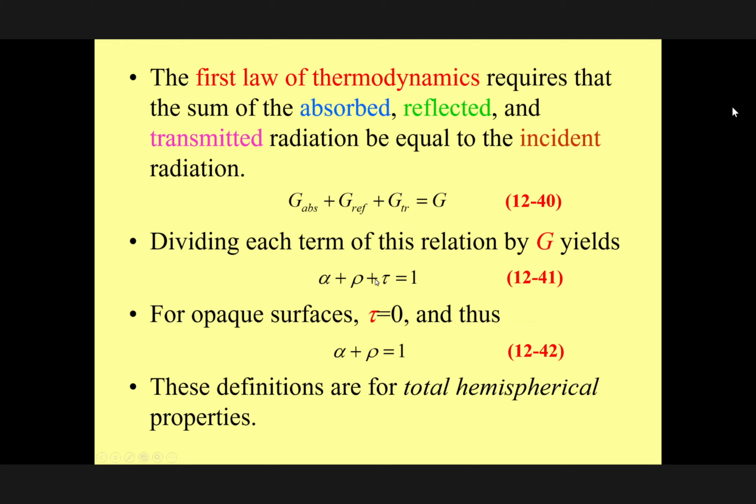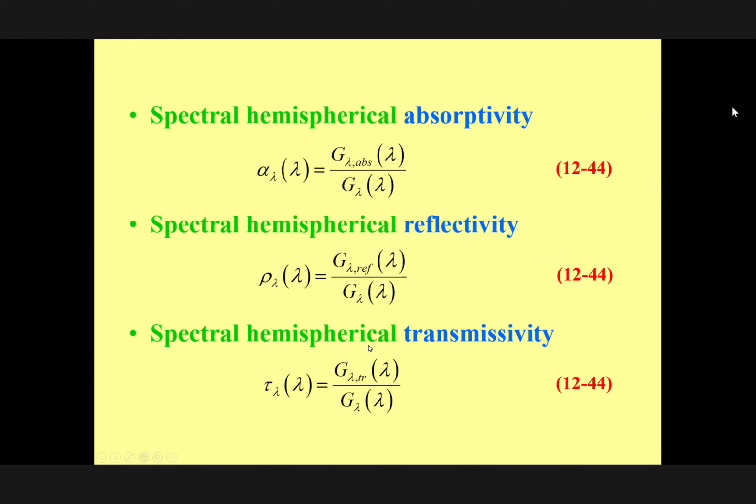Again, depending on the material we have, the values alpha, rho, and tau will change. For example, an opaque surface is a material where the transmission is equal to 0. Therefore, alpha plus rho has to be equal to 1. Again, it depends on the application: we assume it is a function of wavelength, or we assume it is independent of wavelength.